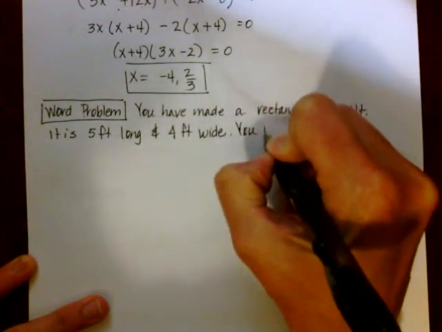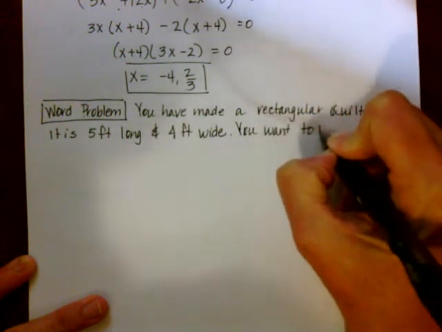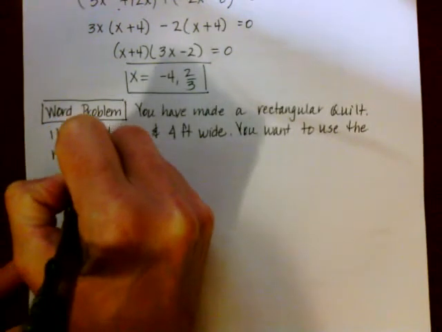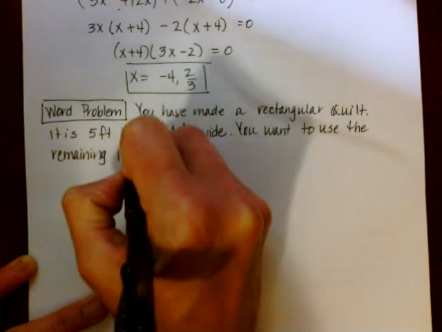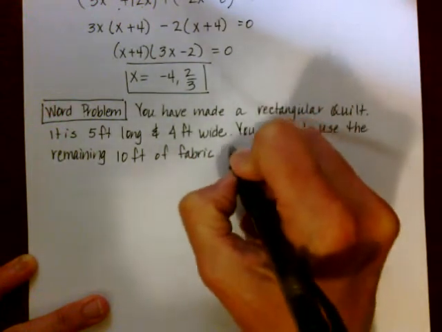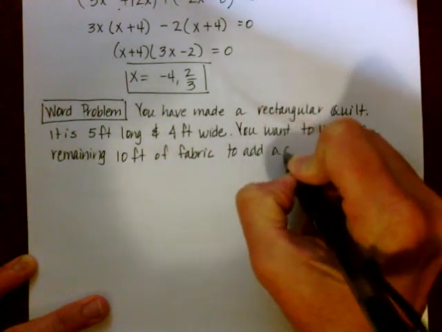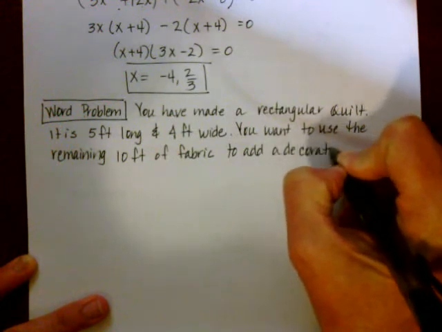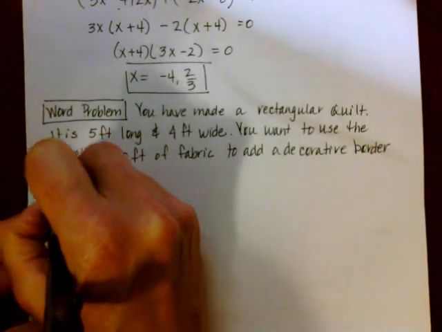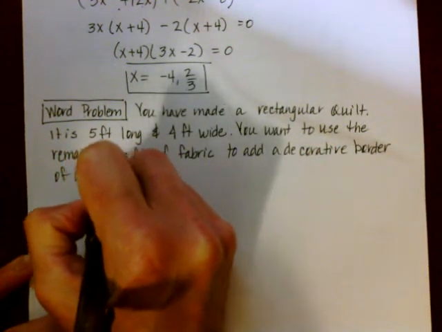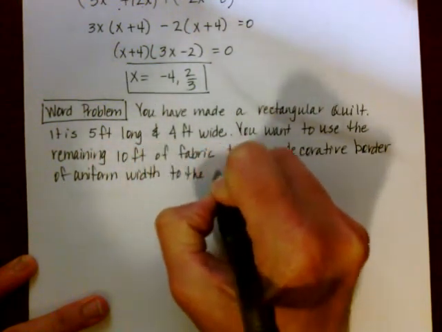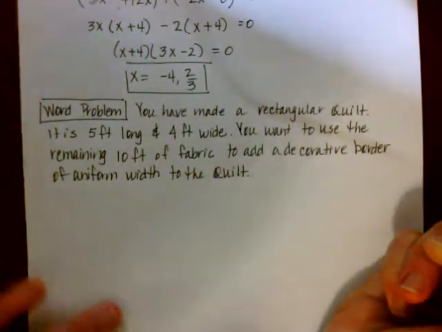It says you want to use the remaining 10 feet of fabric to add a decorative border of uniform width to the quilt. Ooh, that's a lot of writing.